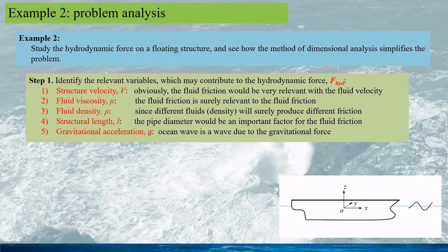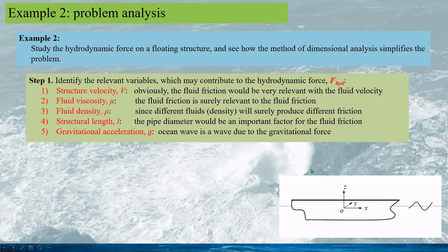In many cases, the structure roughness is not included in the analysis, since for the well-prepared models, the structure roughness would be carefully controlled, and the corresponding corrections might be well established.